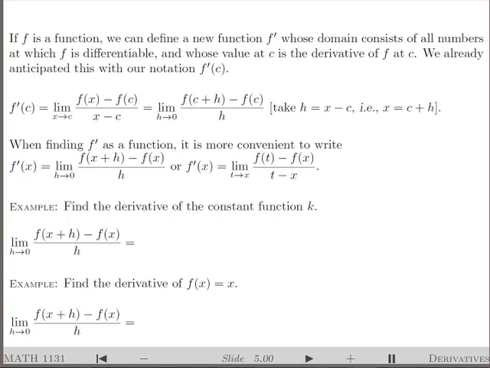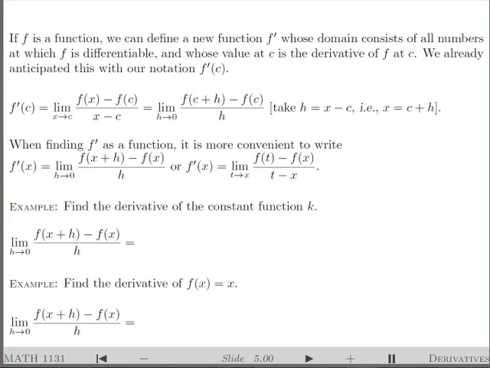So f prime of c, recall, is defined either as the limit as x approaches c of the difference quotient f of x minus f of c over x minus c, or the limit of the difference quotient written in the form f of c plus h minus f of c over h, with h approaching 0.